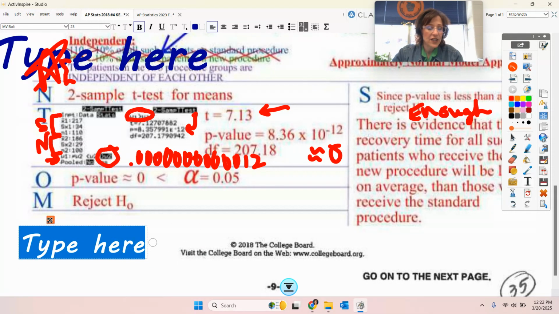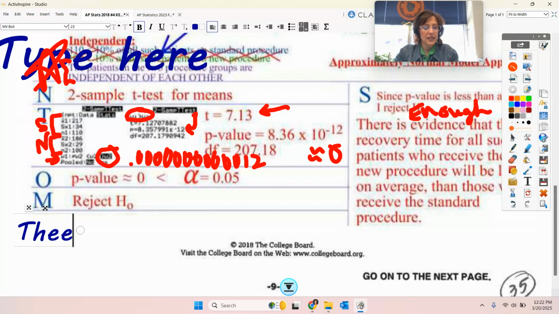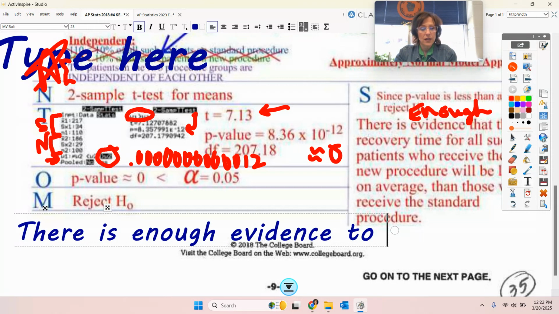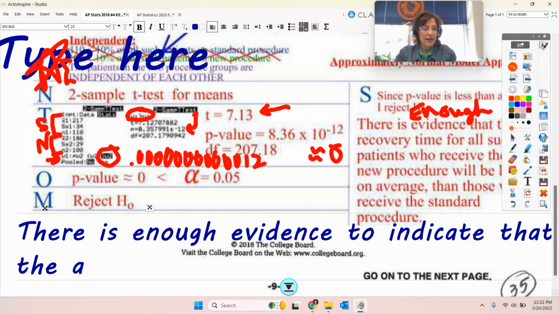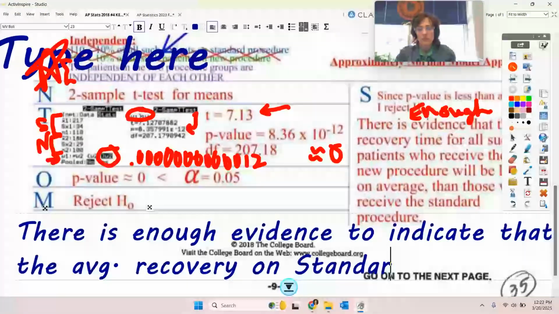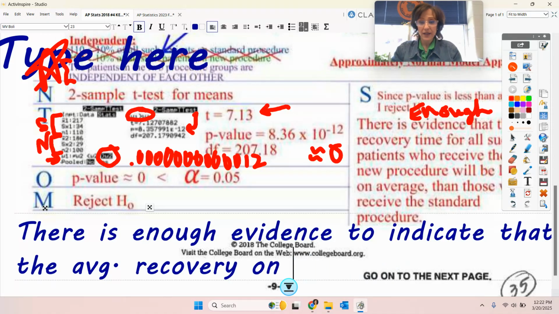So I'm going to say there is enough evidence to indicate or suggest that the average recovery time, since we're asking about the treatment on the new surgery, with the new surgery is better, the average recovery time, okay, and so on.